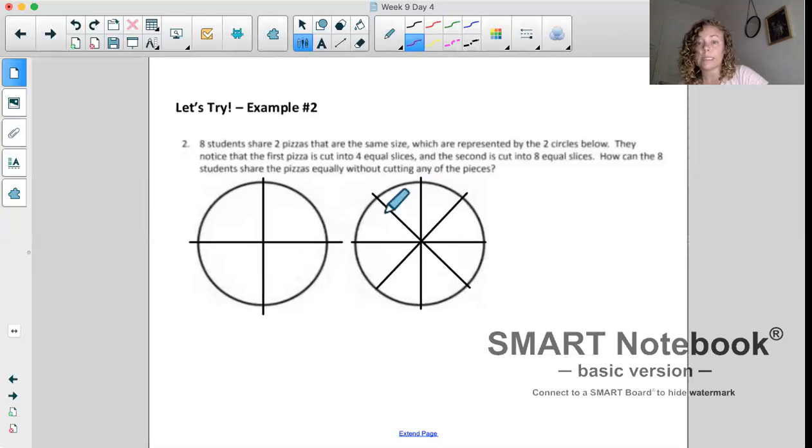So how many slices from this smaller sliced pizza is each person gonna get? We need to get 2, right? Because these 2 smaller pieces are equal to 1 bigger piece. Because 1/4 is equal to how many eighths? 2/8.